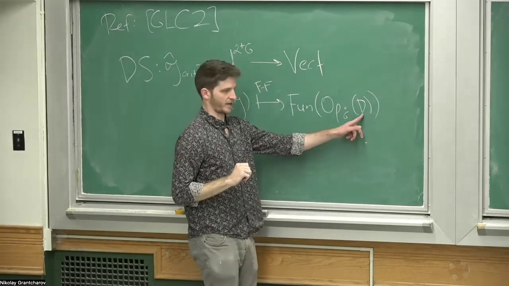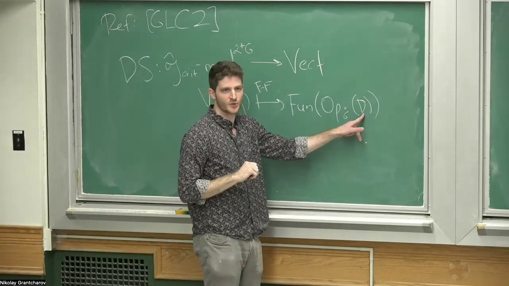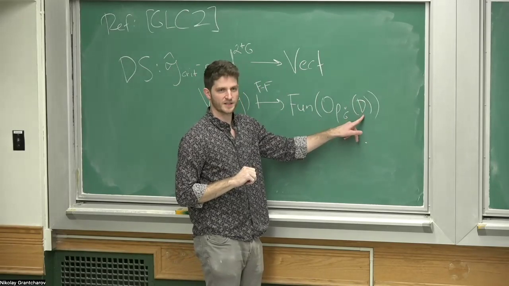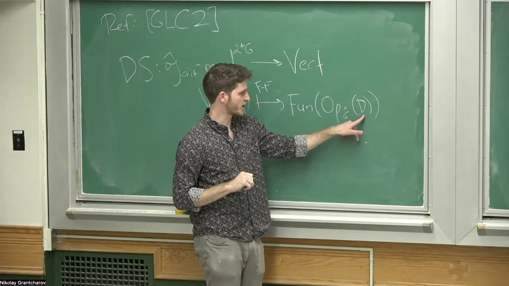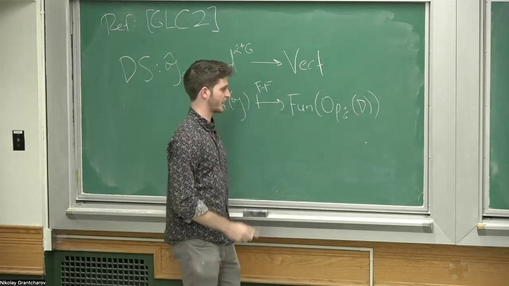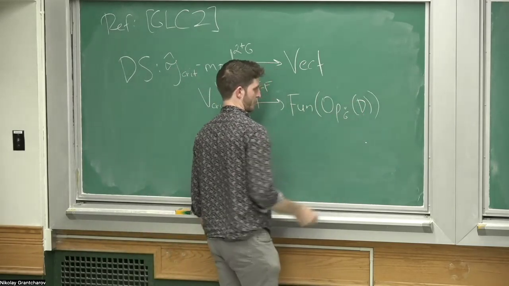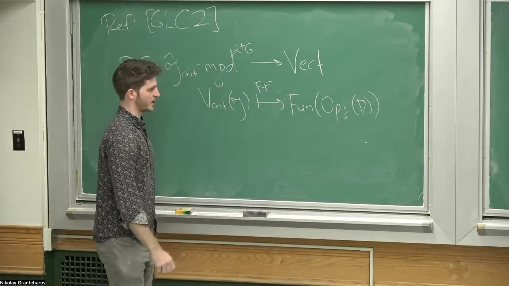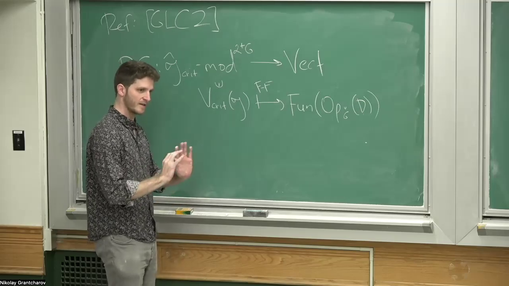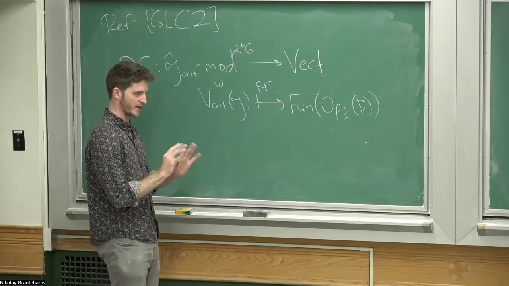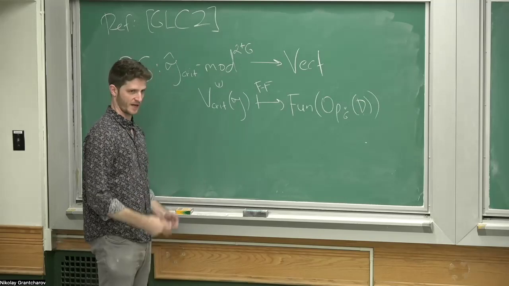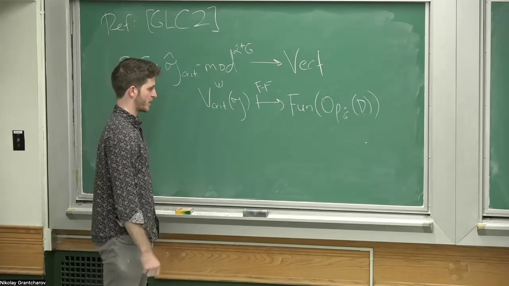And again, look, it's attached to the disk. This is also a factorization algebra, but it's a nice kind of factorization algebra because it's commutative. Anytime I have a factorization space that's attached to the disk, as opposed to the punctured disk, and I take functions on it, it will have this kind of commutative factorization algebra structure.